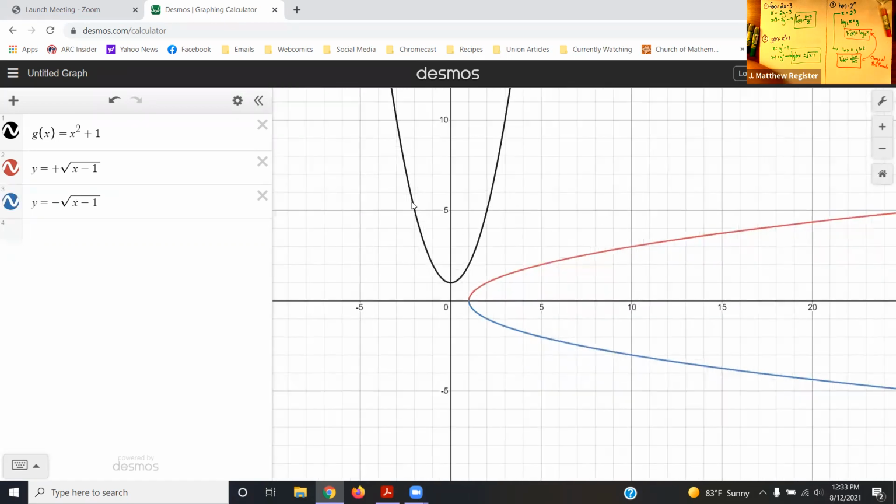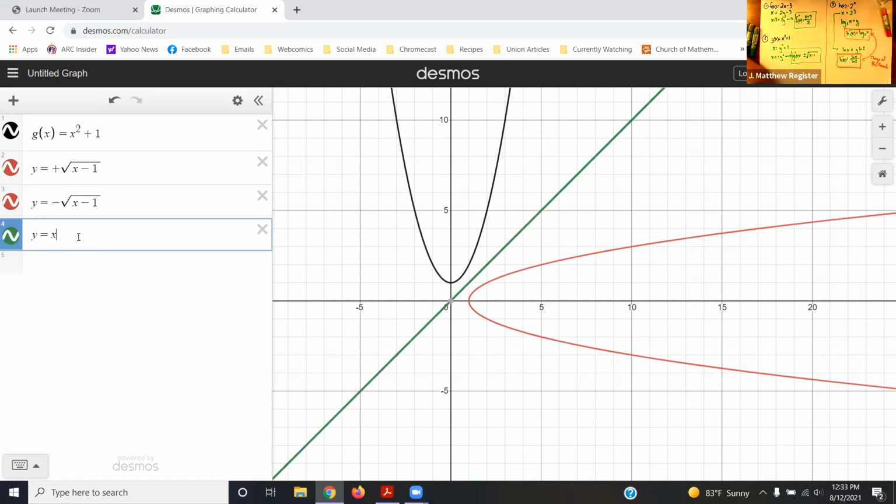Notice that this black graph up here, and if we change this color, this red graph down here, they are a reflection across the line y equals x. And that is always going to be the case with these inverse functions.